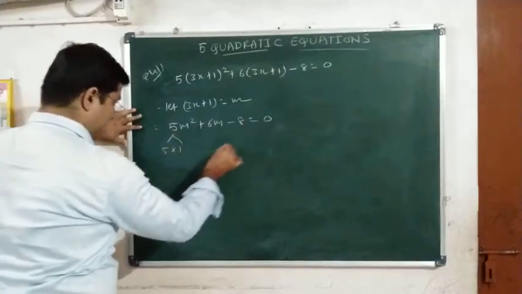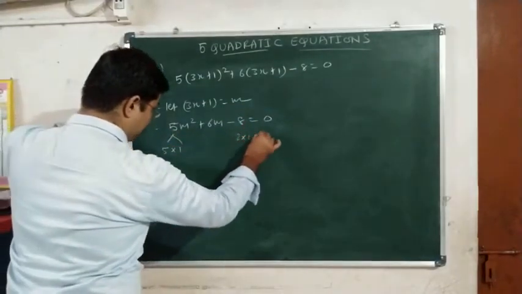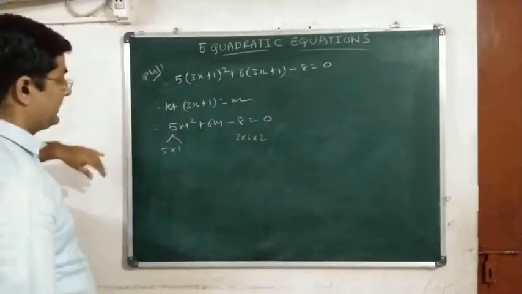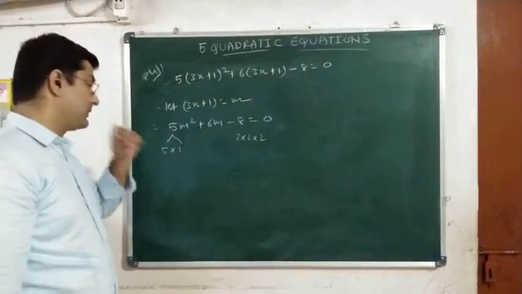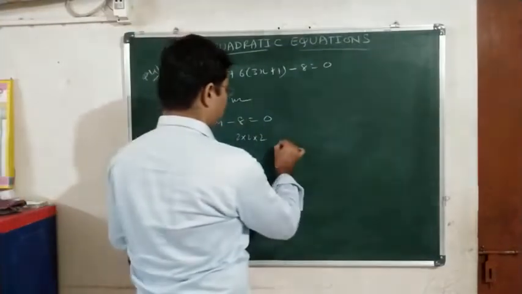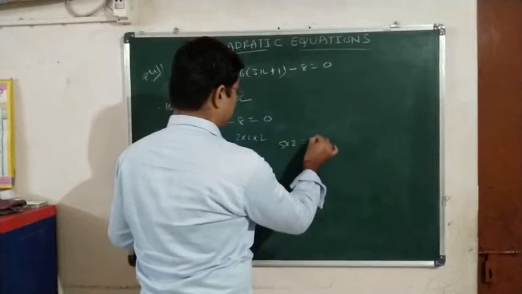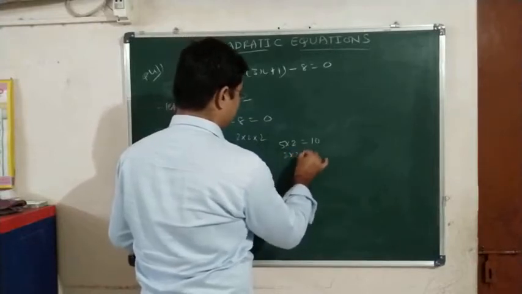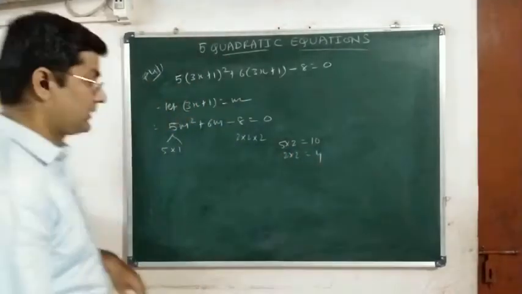5 ones are 5 and 2 fours are 8. We want the difference to be 6. So 5 twos are 10 and 2 twos are 4. So we have two numbers, one is 10 and the other one is 4. 10 minus 4 gives 6.